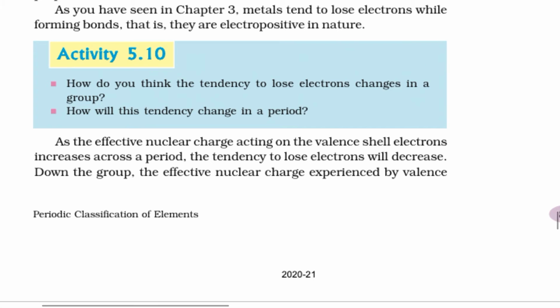Now in chapter 3, metals tend to lose electrons while forming the bond and form electropositive ions, or they are electropositive in nature. How do you think the tendency to lose electrons changes in the group? And how will the tendency change in the period? As the effective nuclear charge acting on the valence shell electron increases across a period, the tendency to lose electrons will decrease.